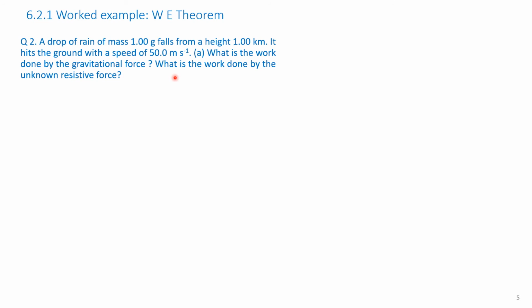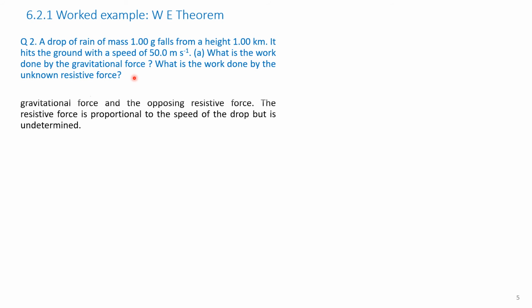And the next part is, what is the work done by the unknown resistive force? We know that the raindrop falls under the influence of the downward gravitational force and the opposing resistive force. The resistive force is proportional to the speed of the drop but is undetermined.